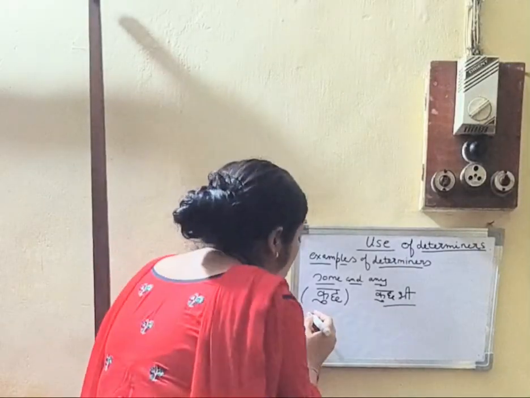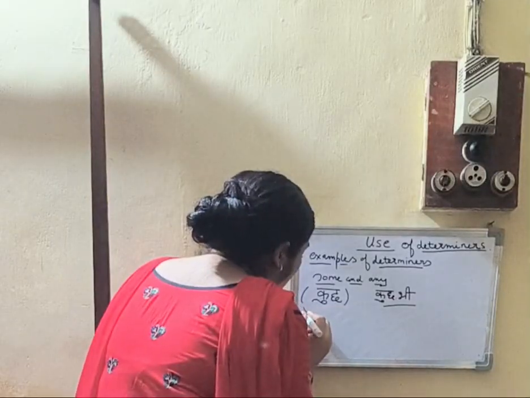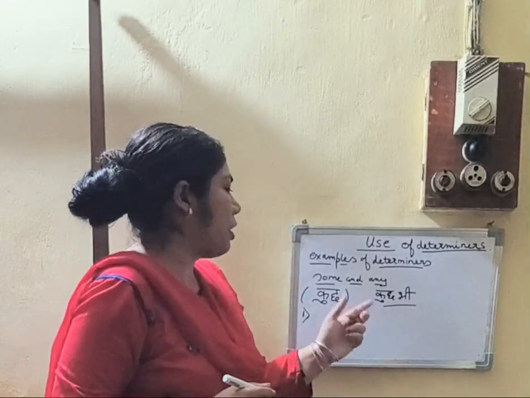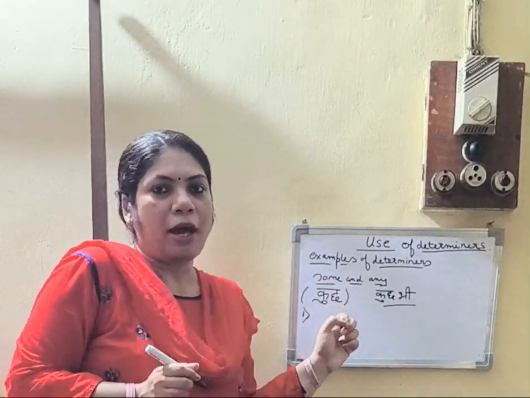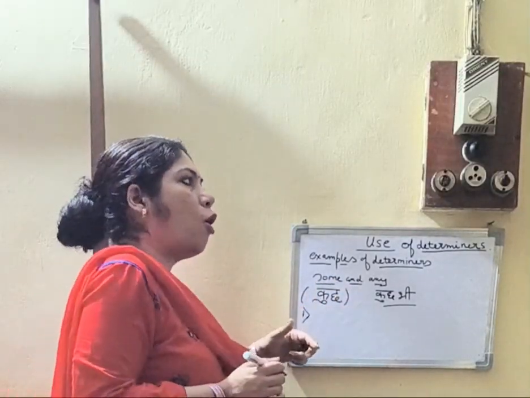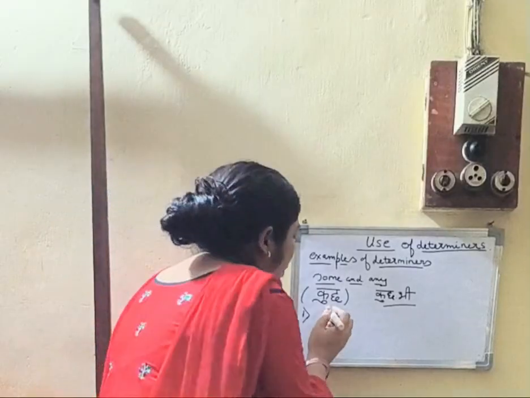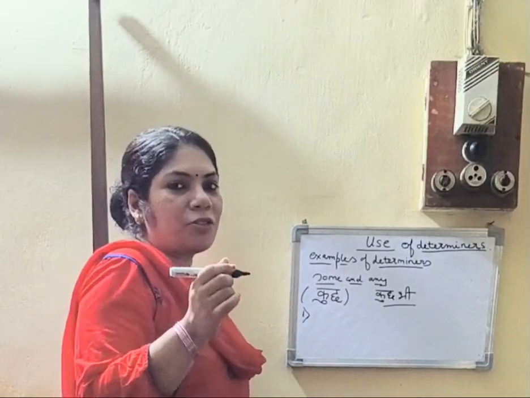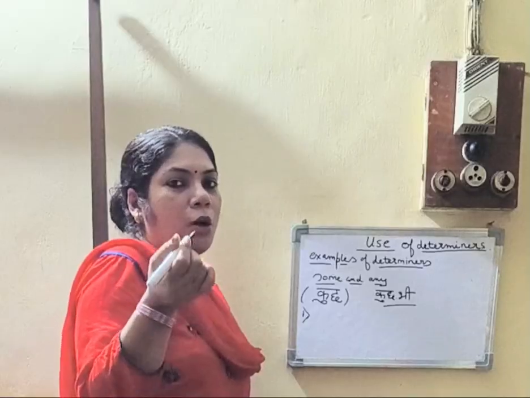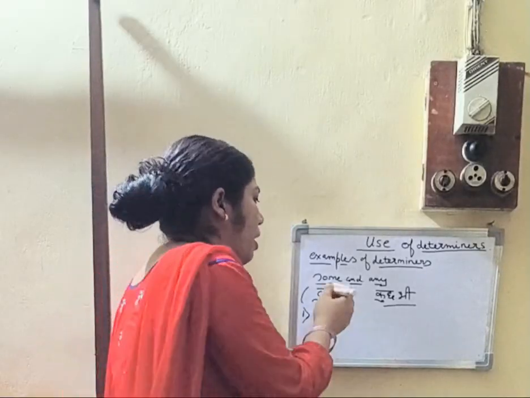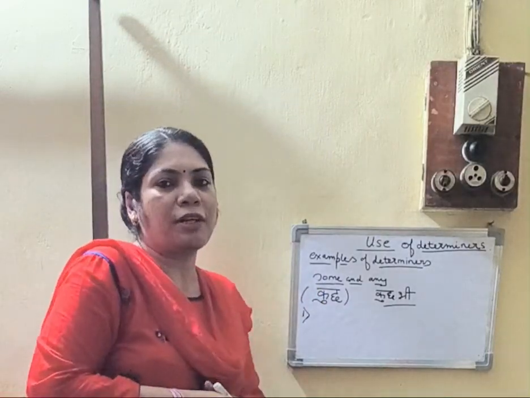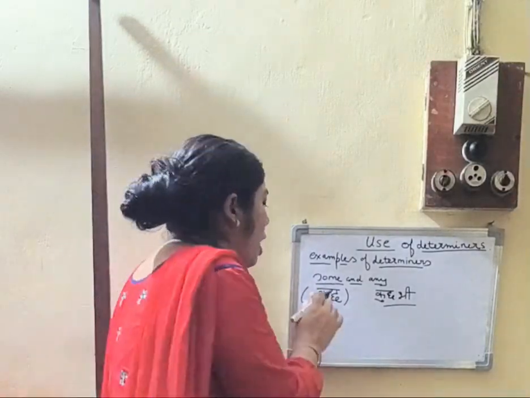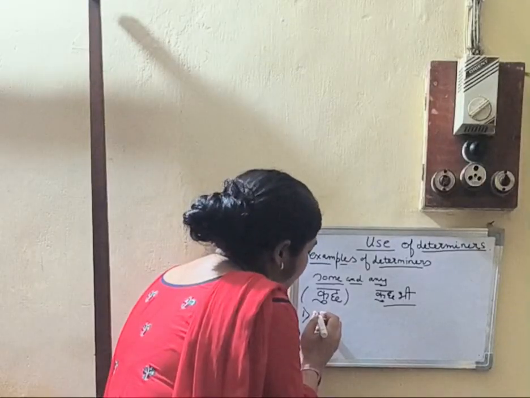Okay, so we have already taken example of some as demonstrative adjective. In our last session of the adjective chapter, we have already discussed how to use some as demonstrative adjective. Okay, here also we will use some.